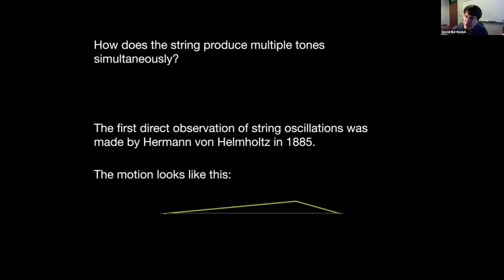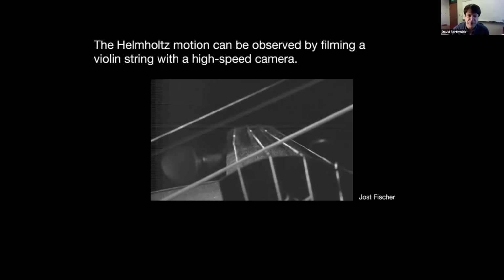So it seems a bit strange, but we can actually see it. I mean, with modern technology, we can film it even more easily. So here's a movie showing the very slowed down motion of a string. You can see the bow on the string, but it barely looks like the bow is moving because this is slowed down so much.